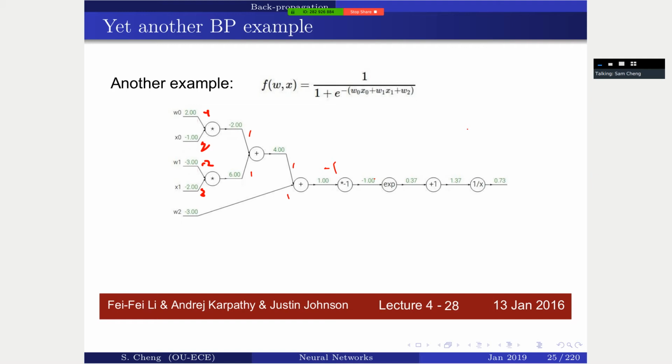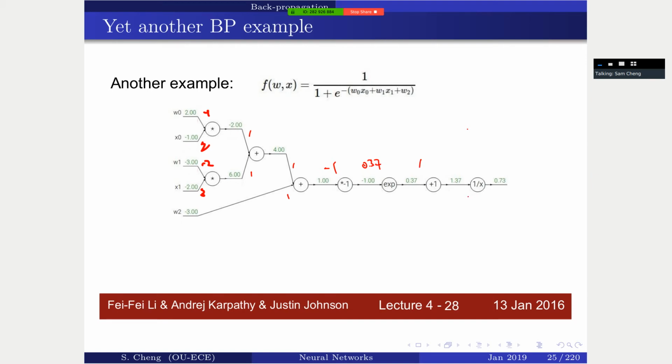Are you trying to use the calculator? E to the one. Yeah. I think probably this is 0.37. And this one is +1. Wait, X +1. I think it's just 1, right?